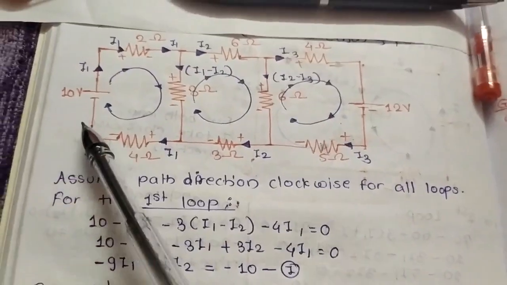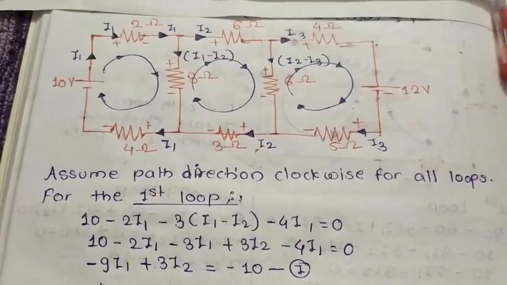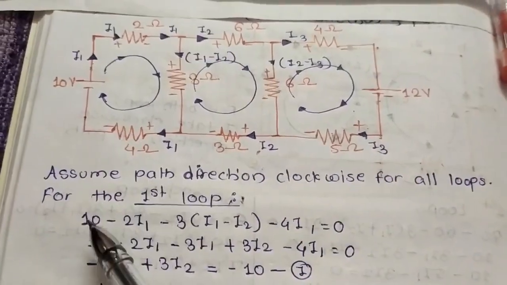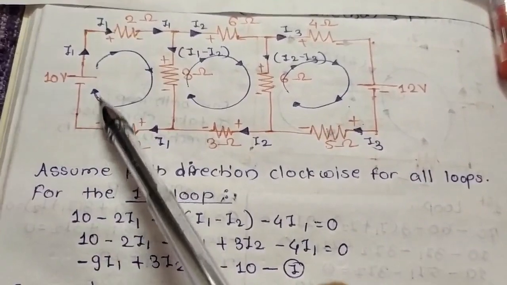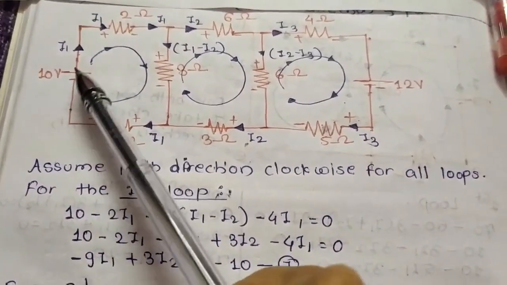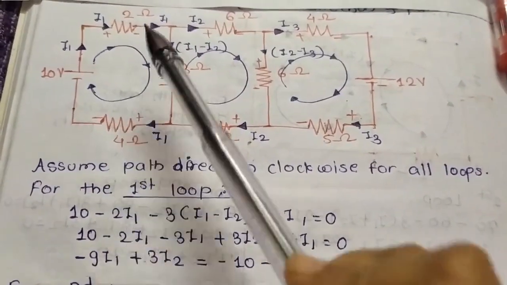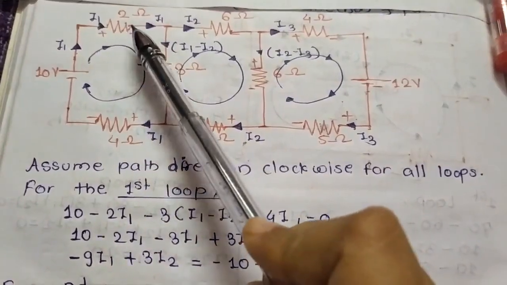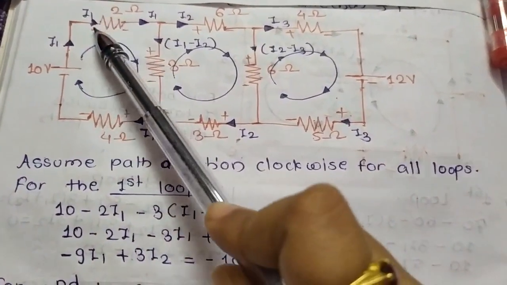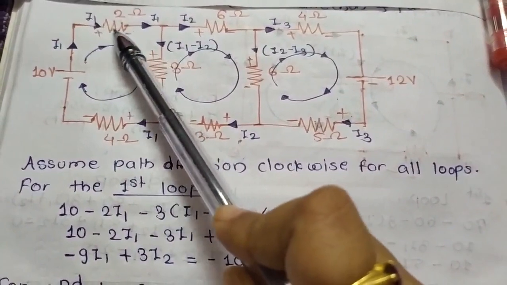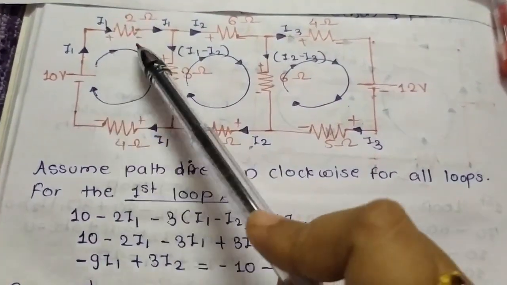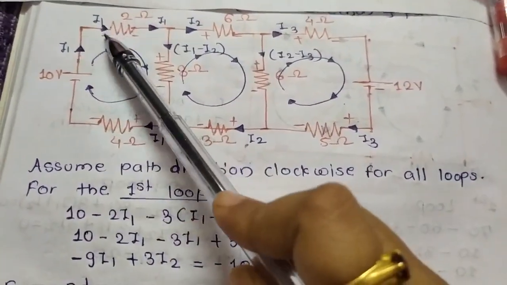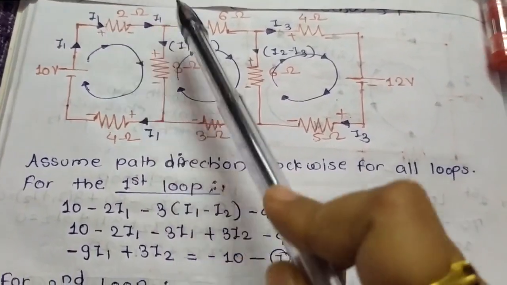See the first equation. Plus 10, loop path from lower potential to higher potential, minus 2I1, 2 ohm resistance, and I1 is current flowing through this. Why minus? Because the loop direction and the current flowing direction is the same.